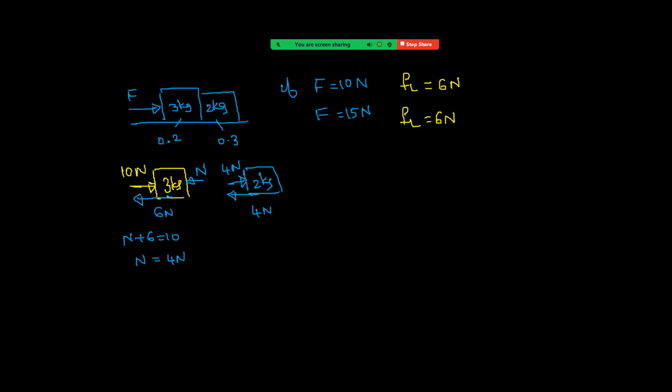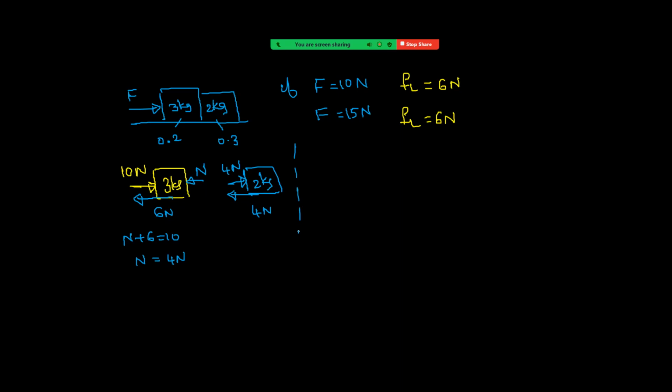So on the 3 kg block it is 6 Newton limiting value, and by the 2 kg block on the 3 kg block, 4 Newton, the same acting on the 2 kg block. Since the net force is 0, friction must be equal to 4. So we have learned that static friction is self-adjusting. Like this, we can solve the problem.